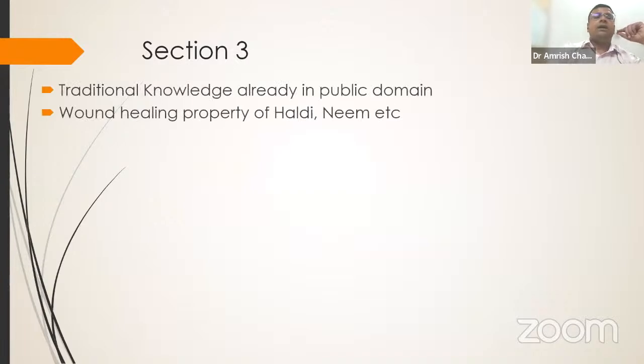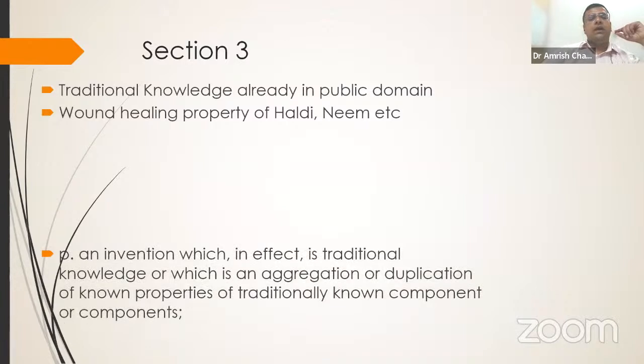Okay, and section 3C or 3P also says that if there is something which is already reported in the public, in the traditional knowledge, so if neem is already known as antibacterial, okay, you will not be able to patent neem as a formulation component in any of the thing which shows activity as antibacterial.